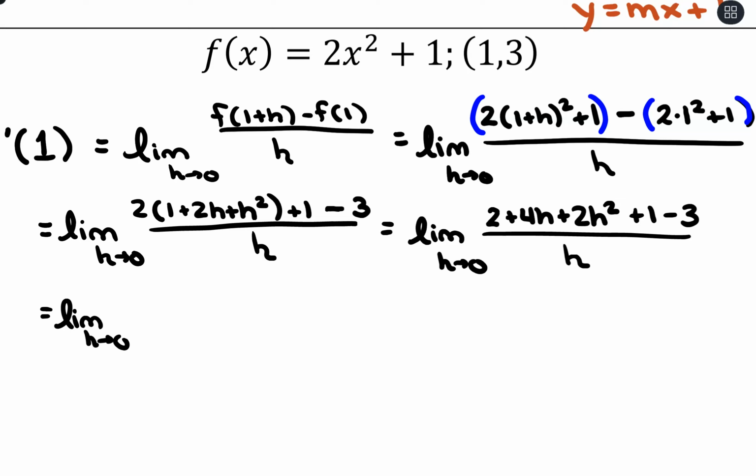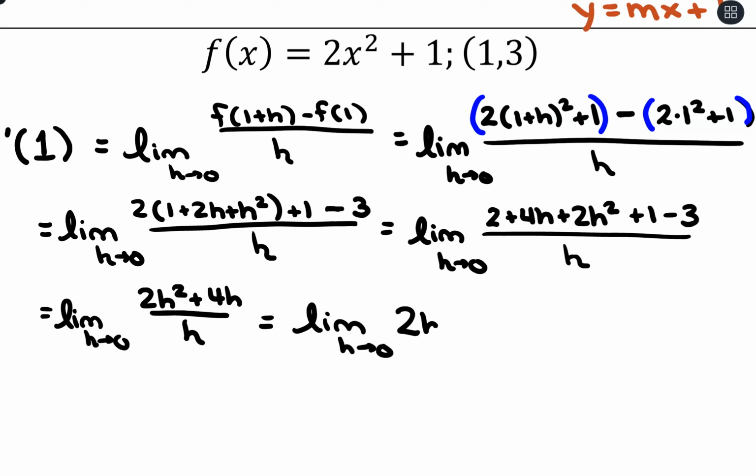So 2 plus 1 is 3, minus 3 turns into a 0. So we have 2h squared plus 4h over h. And h should cancel out so that we have 2h plus 4. And now we can plug in h equals 0. So we lose our limit notation because we're making that substitution, and we get a value of 4.